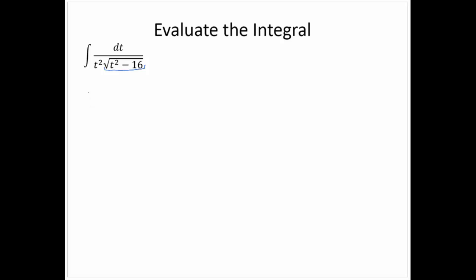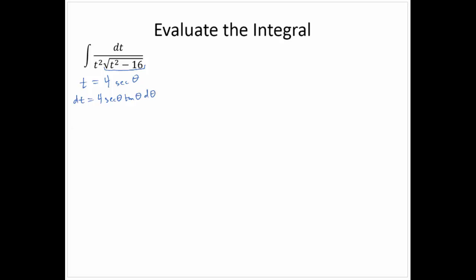All right, so I'm going to make the substitution. I'm going to let t equal 4 secant theta. Then dt would be 4 secant theta tangent theta d theta.